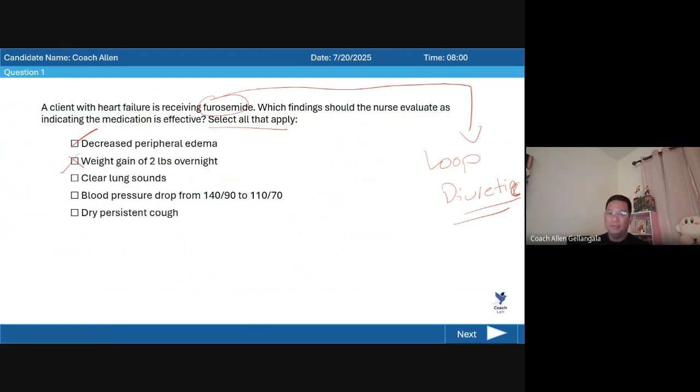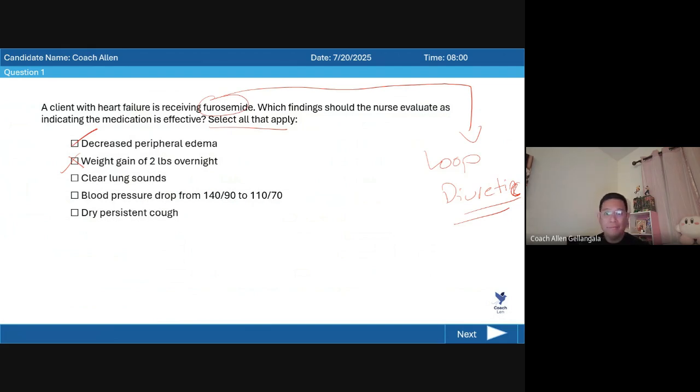Clearing of lung sounds, would that be an indication of an effective furosemide use? Yes, it is. Any form of fluid congestion would go to a third space, your interstitial spaces, the ones not within the circulatory structure of your body, away from the blood vessel. The common areas where water converges are the lungs, the extremities, and sometimes the abdomen.